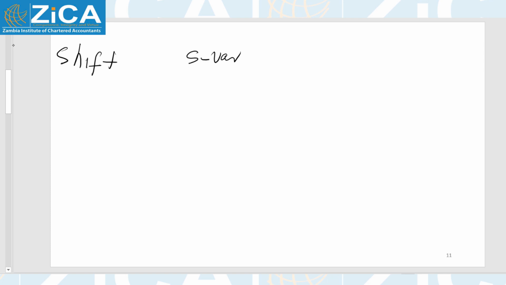This will give you the summation of x. Shift S var, place 2, summation of x, it has calculated for you, which is 12,430. It will give you summation of x squared.